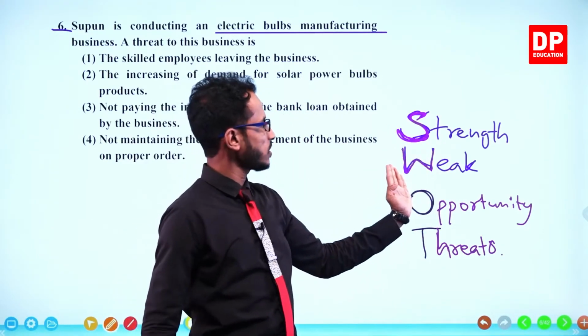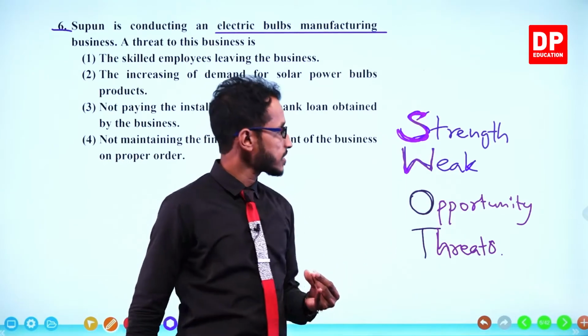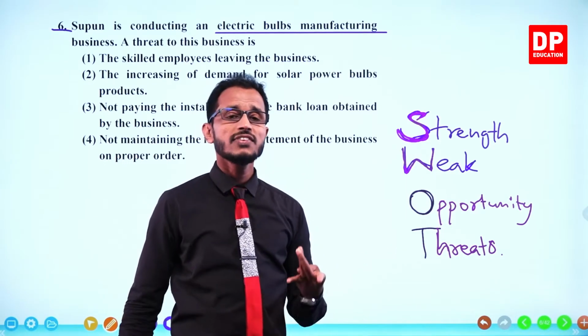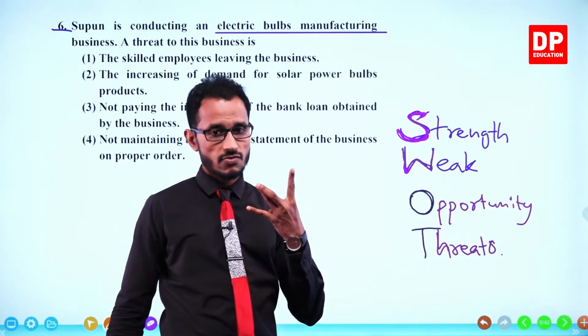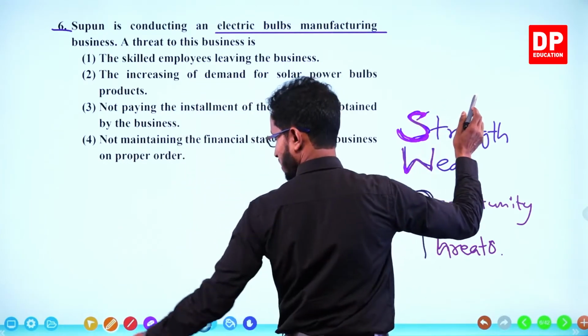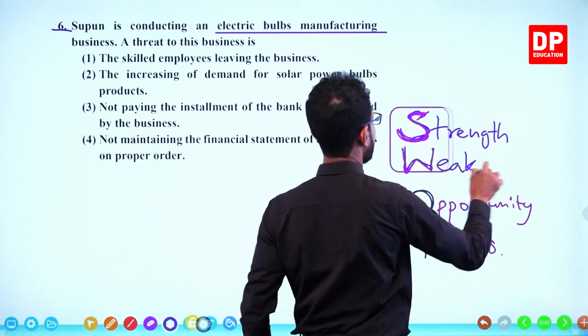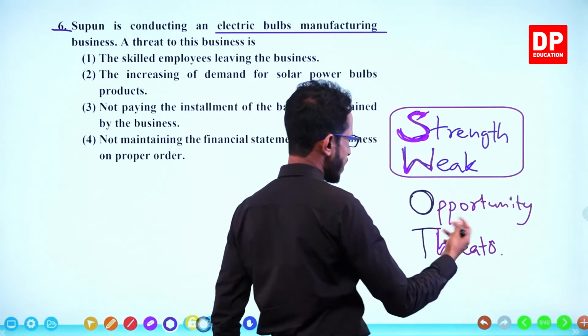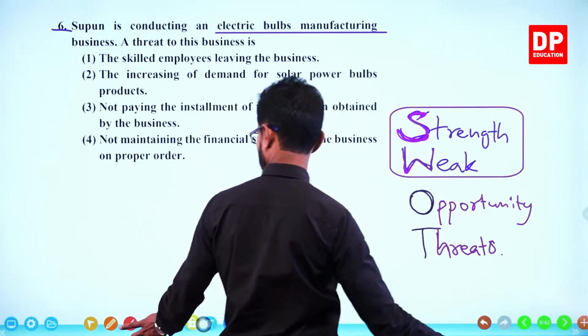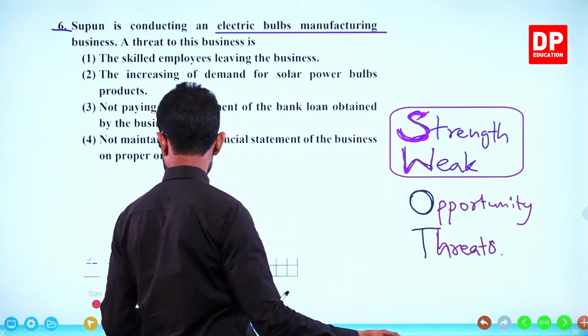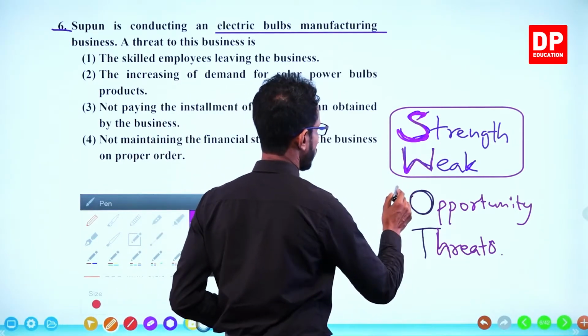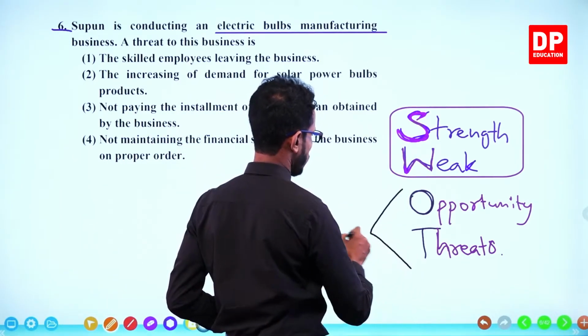S is for strengths, W is for weaknesses. These two, strengths and weaknesses, are in the internal environment. Opportunities and threats, these two are in the external environment.